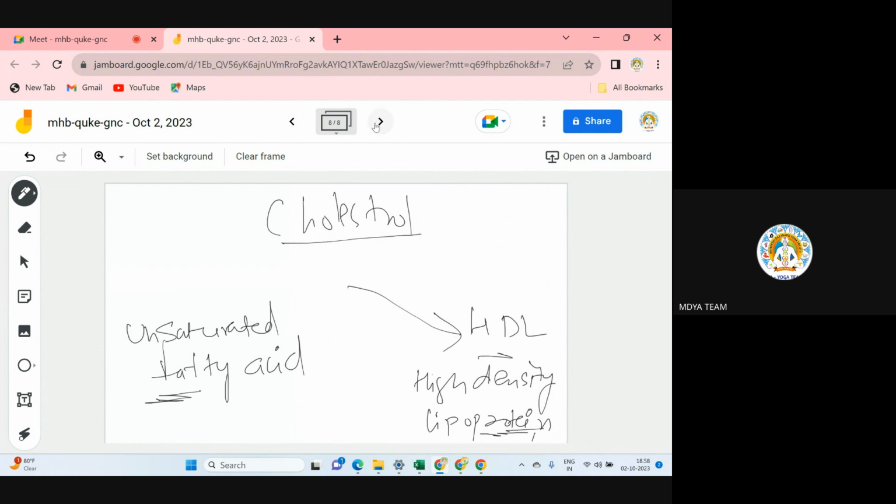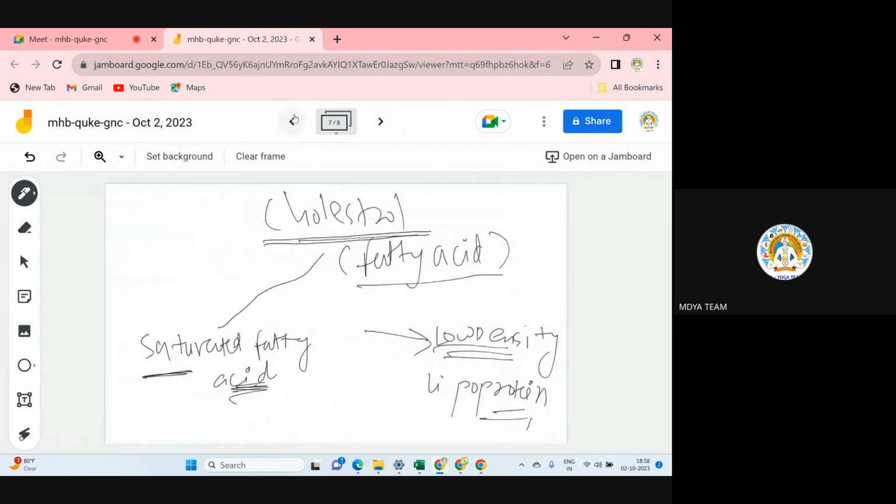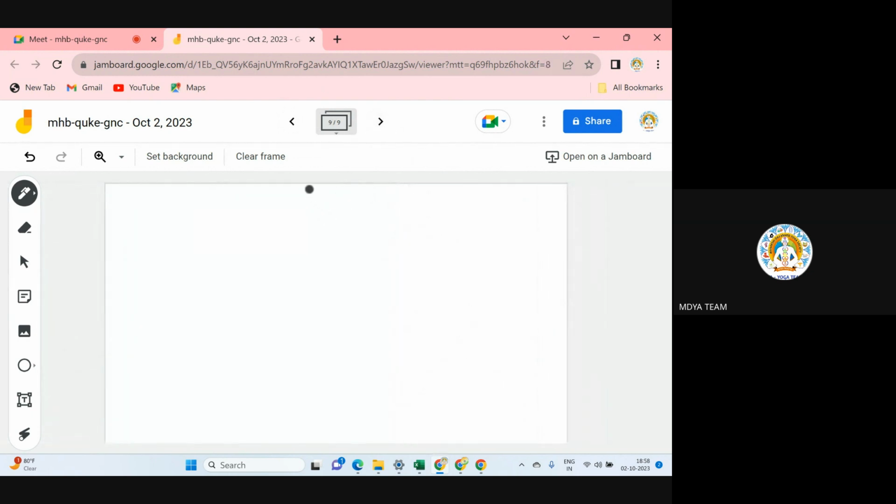Now, what is the problem with this saturated fatty acid, cholesterol, and low density lipoprotein? As this low density lipoprotein has very low hold, I'm writing here low density lipoprotein. These have very low power or low hold.